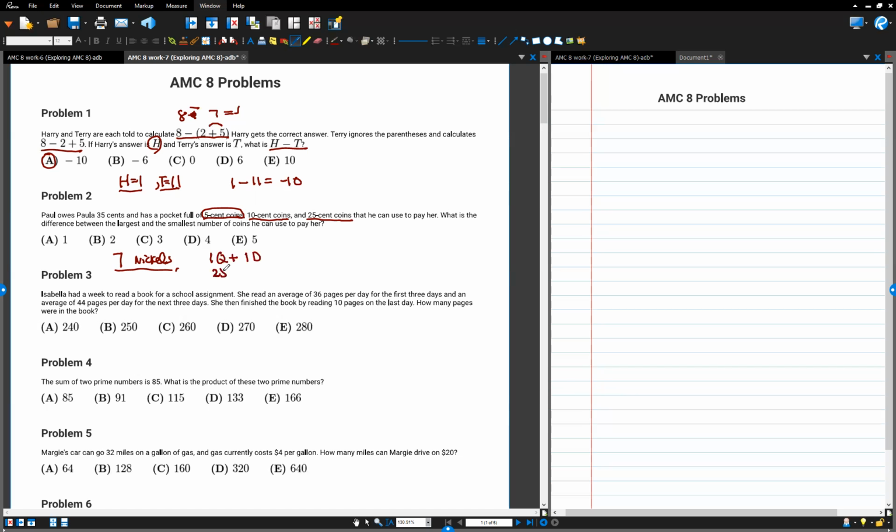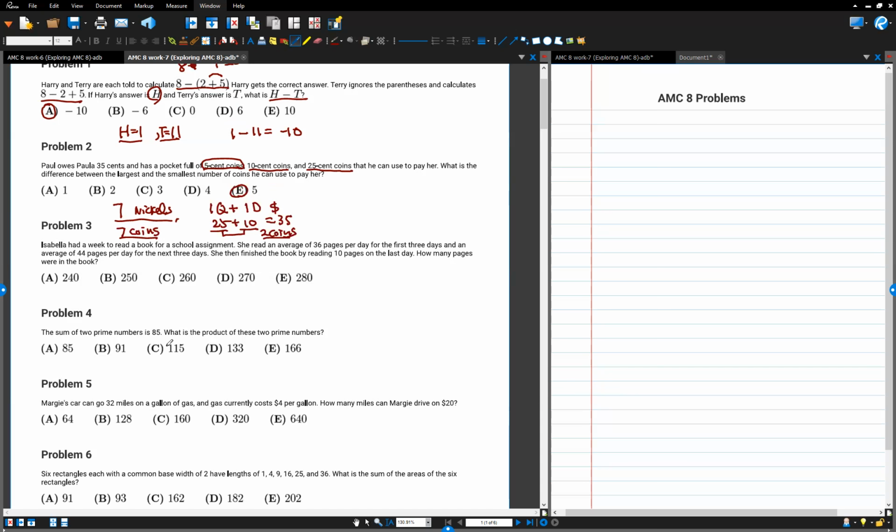That is 25 plus 10 cents, which is 35 cents. But in this case we use 2 coins. This is 7 coins, and this is 2 coins. That's when you find the difference of these two numbers, right? So 7 coins minus 2 coins is 5 coins. Excellent. Good job. Victoria, you understand? Yeah. All right, good. Try number 3 now.